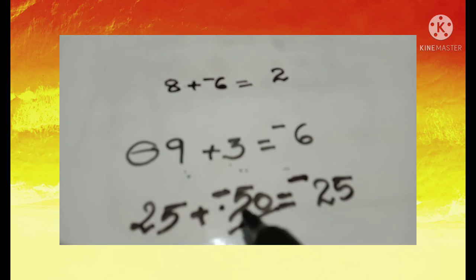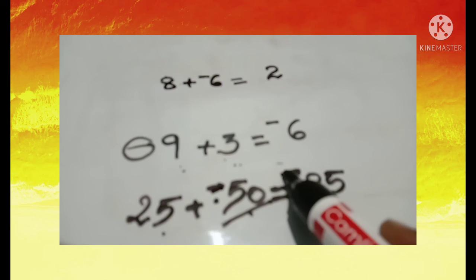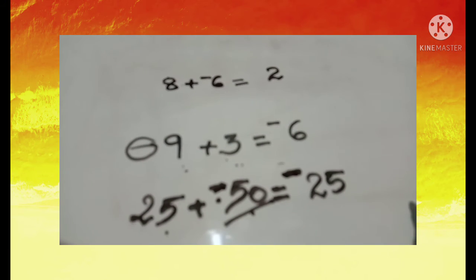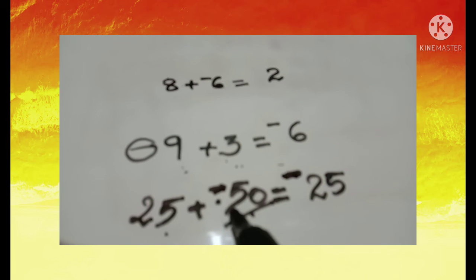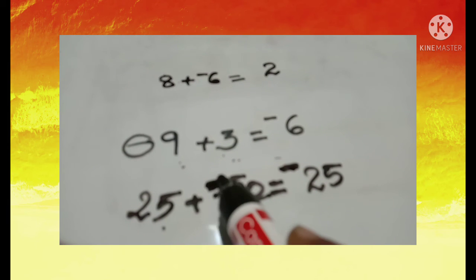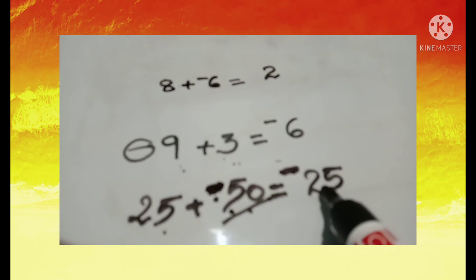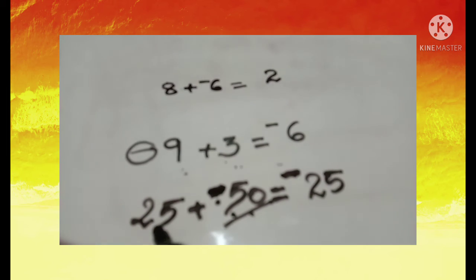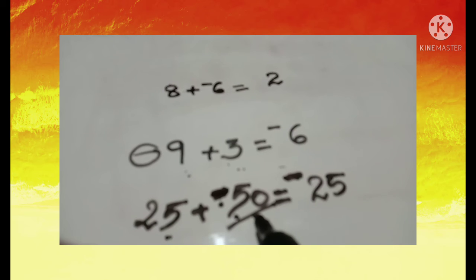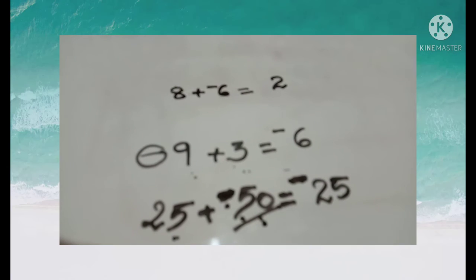Okay, so greater number's sign we have to put in the answer. First we have to subtract it and the greater number's sign that we have to put here. Okay, the number only you have to fix, whether 25 or 50. That only you have to look. Forget about the sign this time.